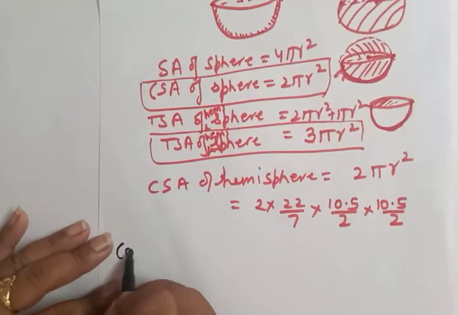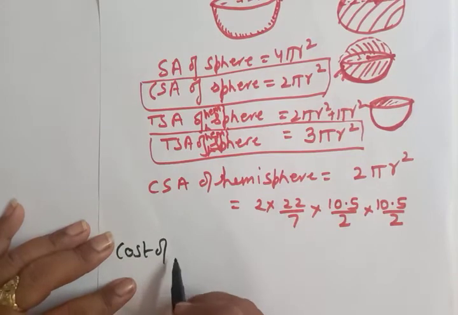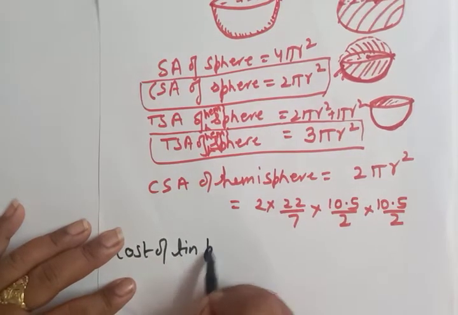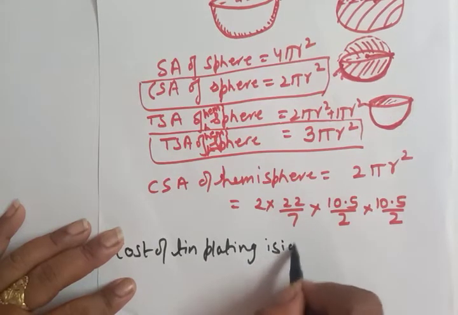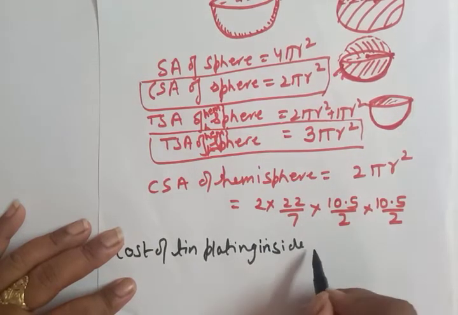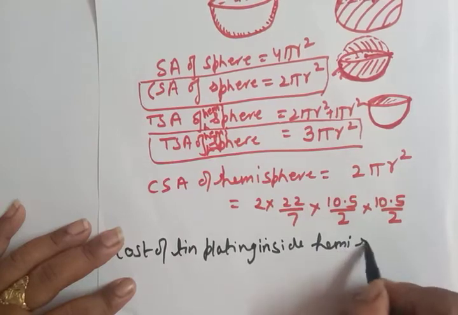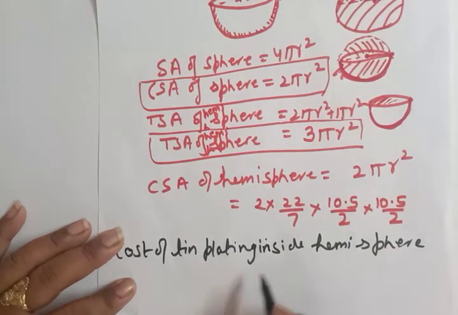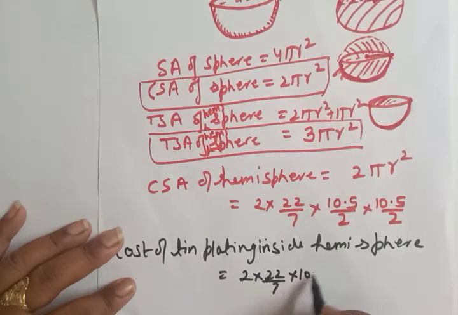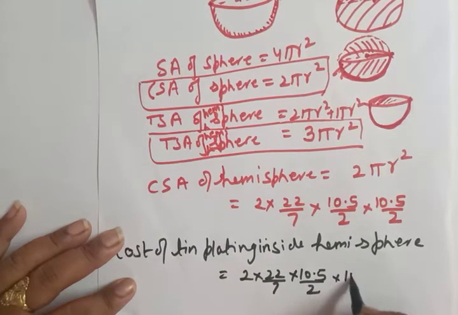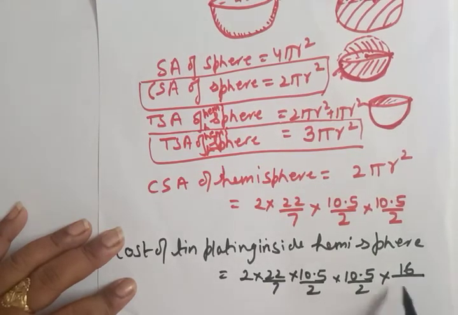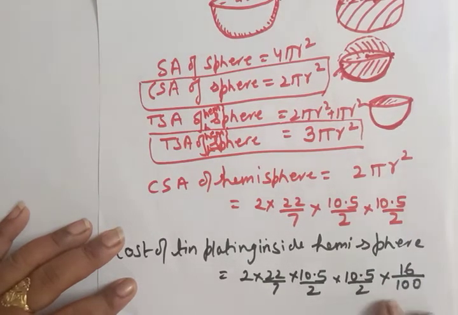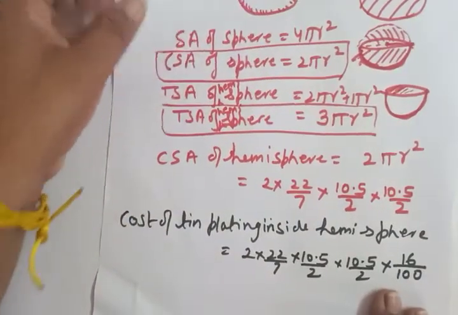Now the cost of tin plating inside the hemisphere will be equal to 2 into 22 upon 7 into 10.5 upon 2 into 10.5 upon 2 into 16 upon 100. Here we are using the unitary method.